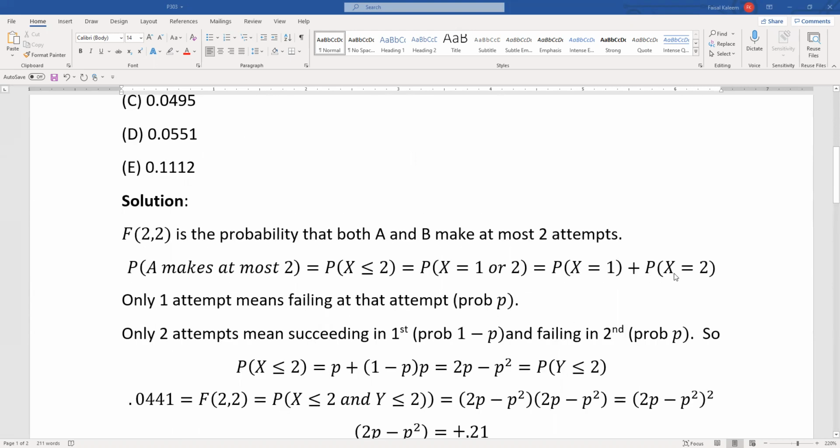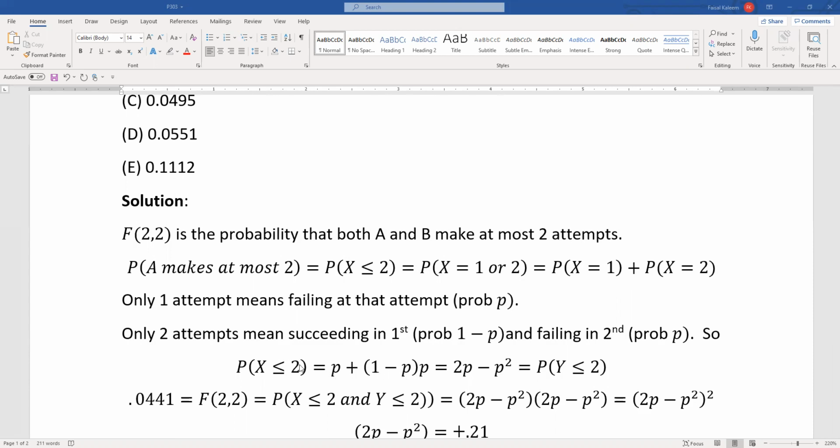Okay, and now making exactly 2 attempts means not getting injured on the first attempt and getting injured on the second attempt, because you keep making attempts till you get injured. So probability X equals 2 will be this one.